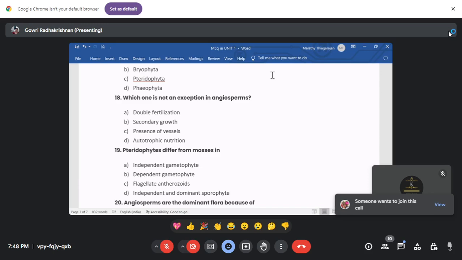Yes. One sperm fuses with the egg cell to form the zygote, and the other one fuses with the polar nuclei to form the endosperm. Two fertilizations happen at the same time. This particularly happens in angiosperms, so that's why it's not an exception in angiosperms. A is the correct answer.